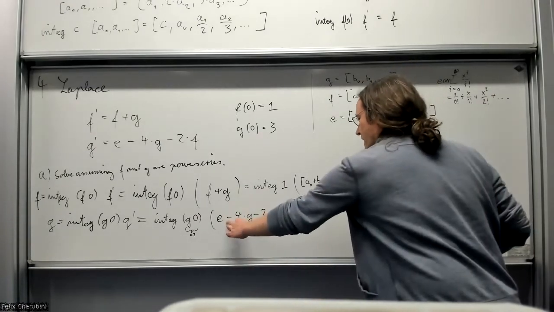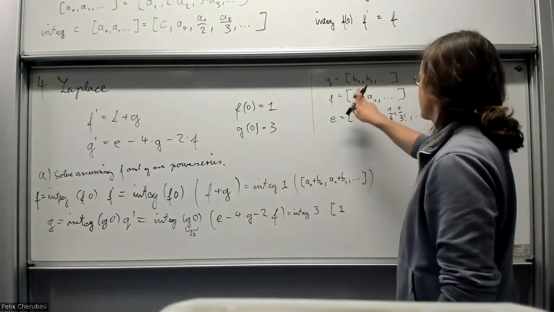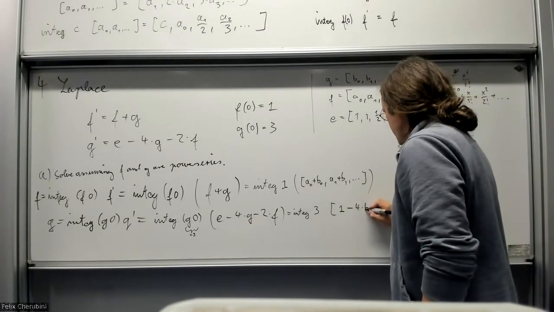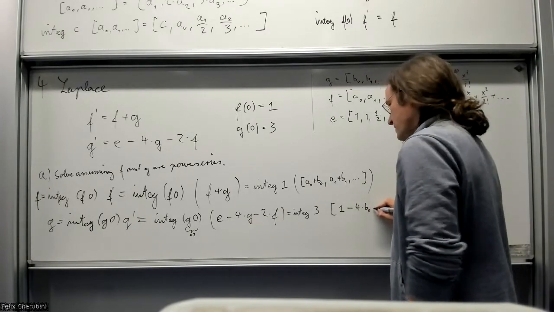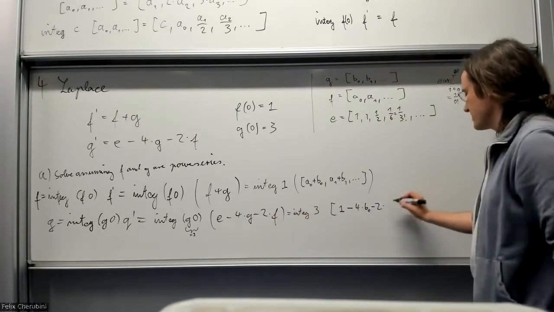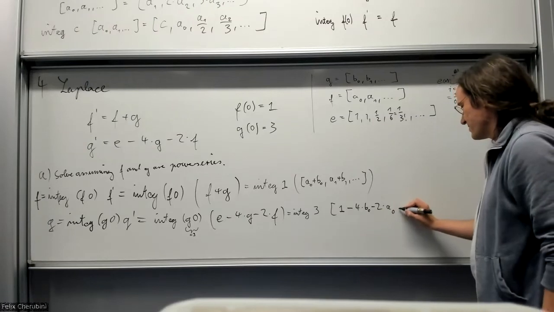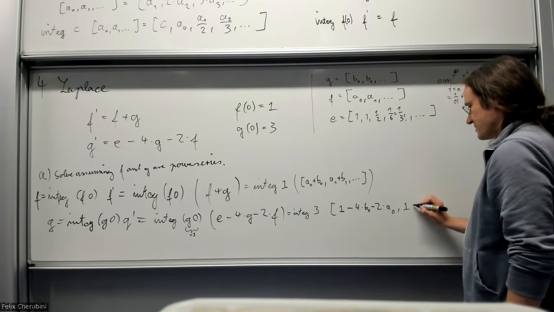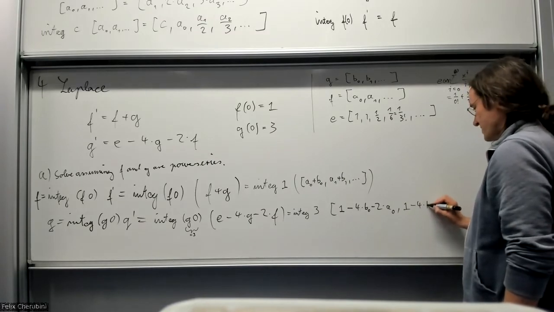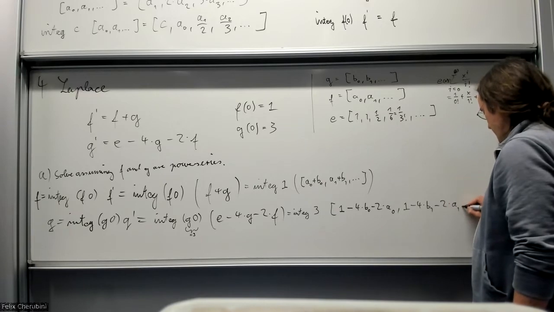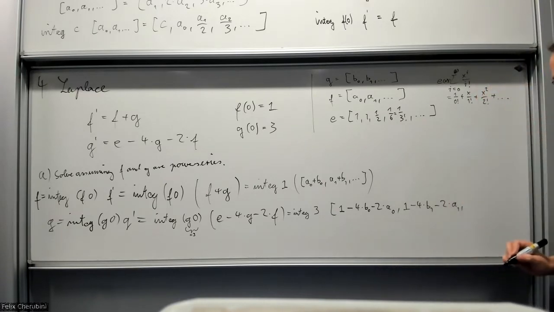And then we have -4 times the first coefficient of B. So it's -4 times B naught. And -2 times, I guess that actually works well enough. So, okay, the second is again this -4 times. Yeah, right. It's abstract enough to not be annoying.